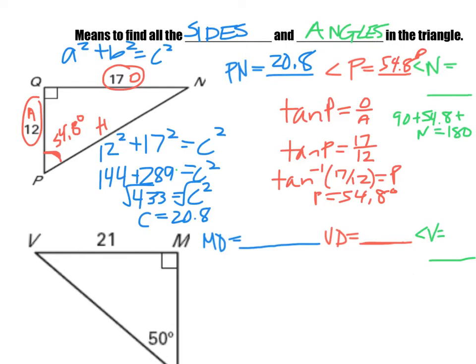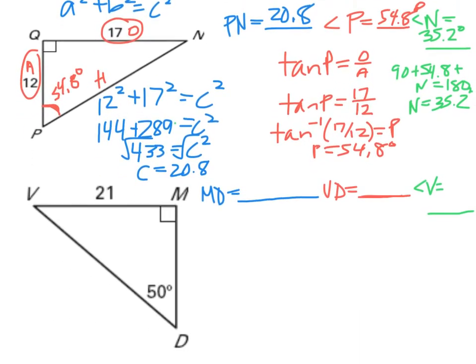Okay, so I got 144.8 and then I subtracted that from 180 and I get 35.2 degrees. And we have solved our first triangle. Sorry, my degree symbols are just the ugliest thing ever. I think you'll forgive me.